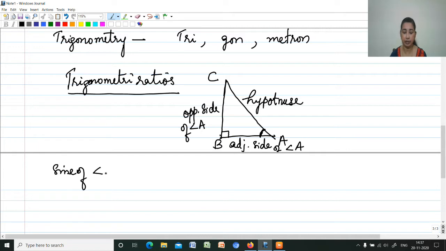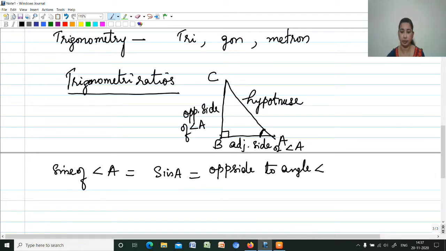Sine of angle A can be written as sin A, and sin A means the opposite side to angle A divided by hypotenuse. So sine of an angle is the opposite side to that angle divided by hypotenuse.